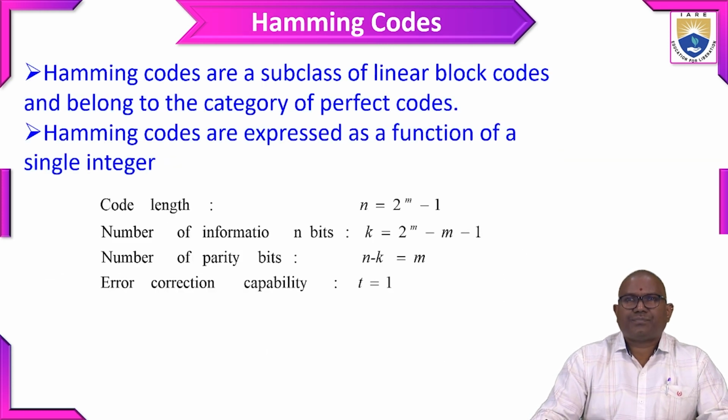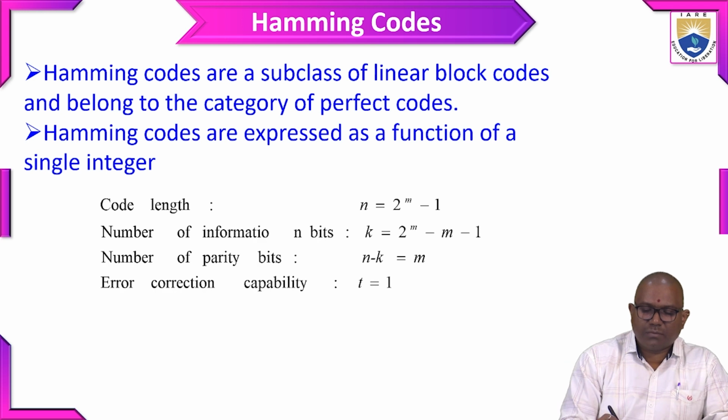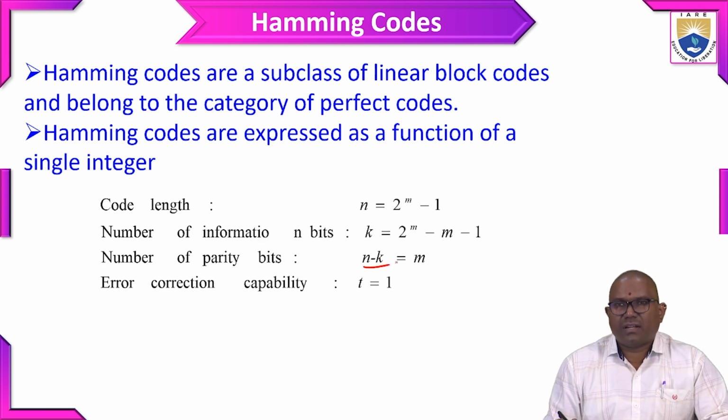But mostly in the given exam, G is given directly, but if not given, you can arrange this G and H. Okay. Now what are Hamming codes? Hamming codes are a subclass of linear block codes and belong to the category of perfect codes. Hamming codes are expressed as a function of a single integer. So the code length is n equal to 2 power m minus 1, and the number of information bits k equals 2 power m minus m minus 1, and the number of parity bits is n minus k, the same as block codes.